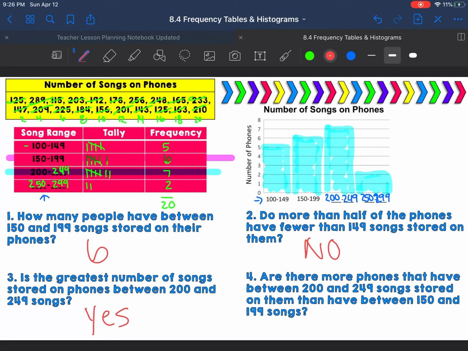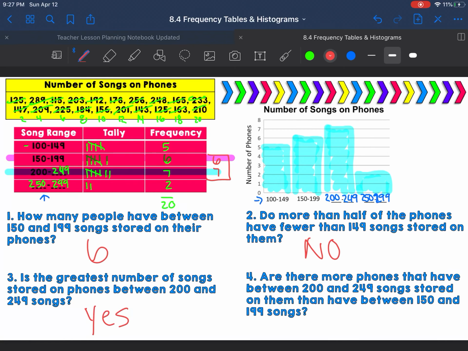And then finally, number 4. Are there more phones that have between 200 and 249 songs stored on them than have between 150 and 199 songs? So let's take a look.